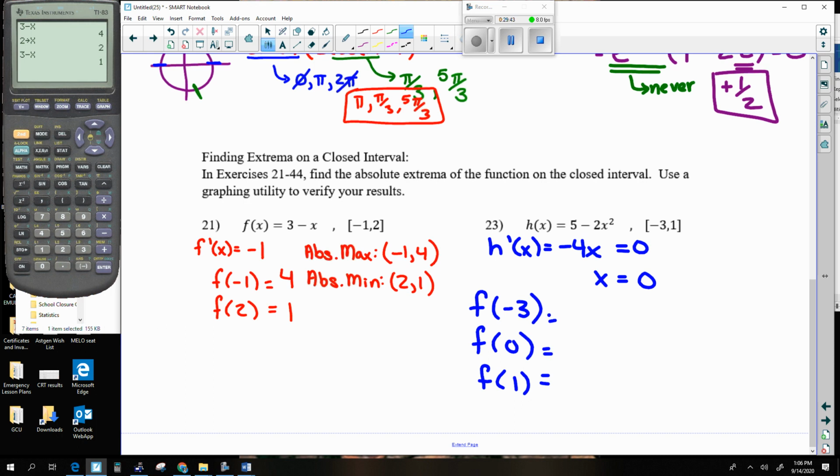Again, we go back to the original h, not the derivative. So here we go, -3. I'm going to store that as x, and this is 5 minus 2x squared. So that is -13. Then 0.